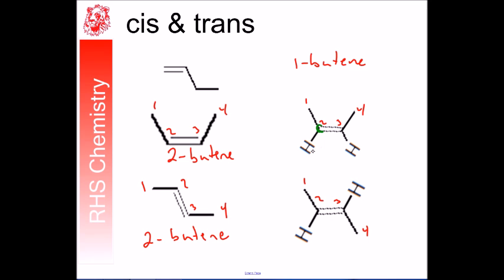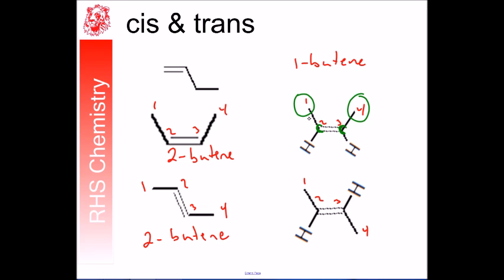I'm going to ask myself the question, out of these two things that are attached to this carbon double bond, which one is the biggest? And so I've got a choice of a methyl group right here or a hydrogen right there, and so the methyl group is largest. And if I look at this carbon, on the other side of the double bond, then out of those two things that are connected to it, what's the biggest one? Well, that methyl group is bigger than that hydrogen.